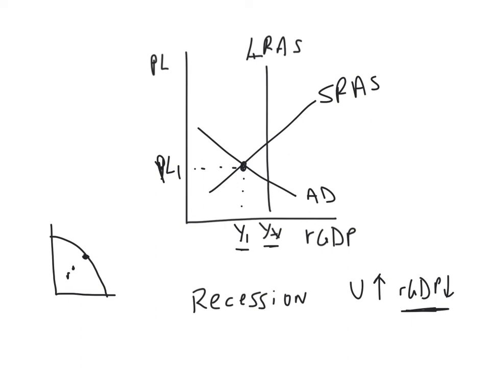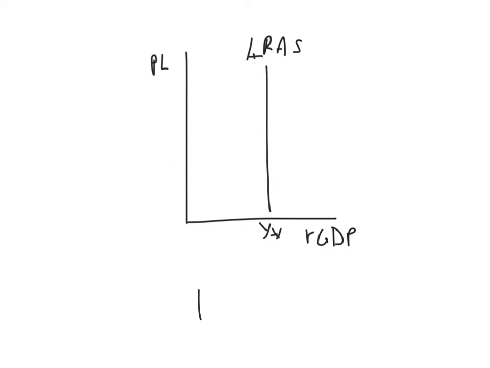And then on the next slide, when we talk about peak, the peak is beyond. For a short period of time, we can produce beyond our production possibility curve, beyond our full employment output, our Y star, our potential output. So now we get to a peak, the idea that inflation is high, inflation is rising. It's going to be greater than it should be, or than ideal at least.